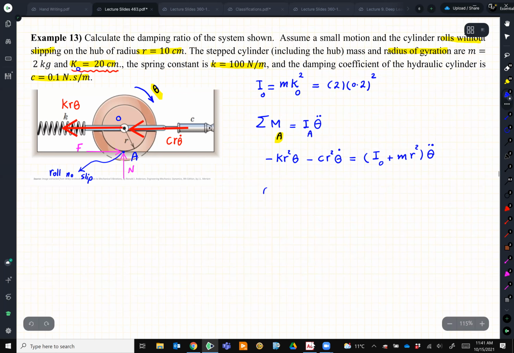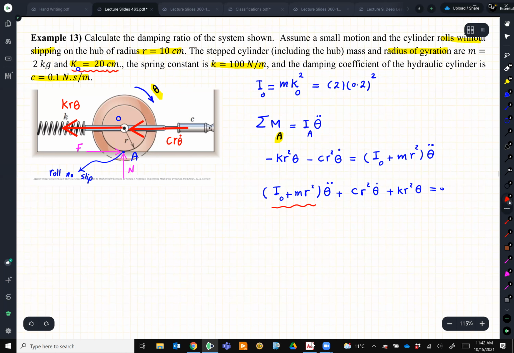If I organize everything, (I_O plus M R squared) theta double dot plus C R squared theta dot plus K R squared theta will be equal to 0.